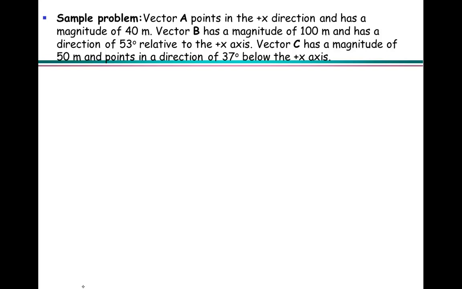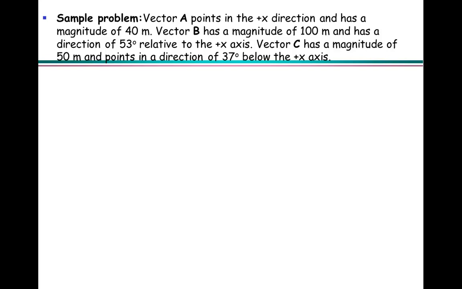Here's a problem that we're going to solve together. Now you have on your sheet the generic way of solving these problems, or the steps in which we would go about solving a problem like this. So let's solve this one together.